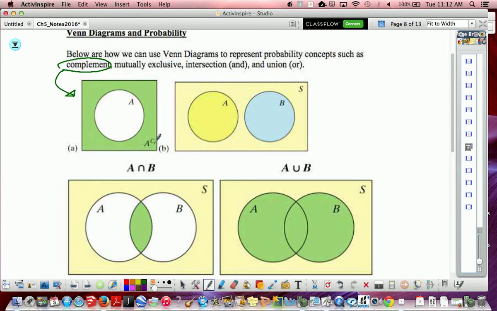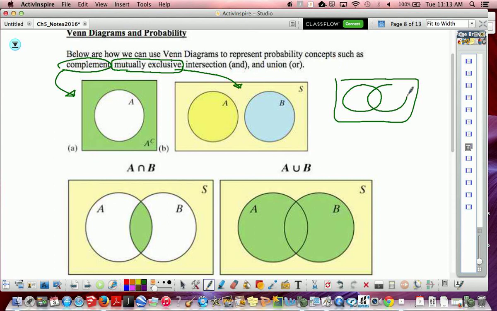The second diagram deals with mutually exclusive. If two events are mutually exclusive, they have nothing in common, so the circles technically don't intersect. If you do draw something that intersects, you put the number 0 in the place where they intersect. Meaning, if you draw a Venn diagram and the events happen to be mutually exclusive, you put the number 0 in their intersection area.